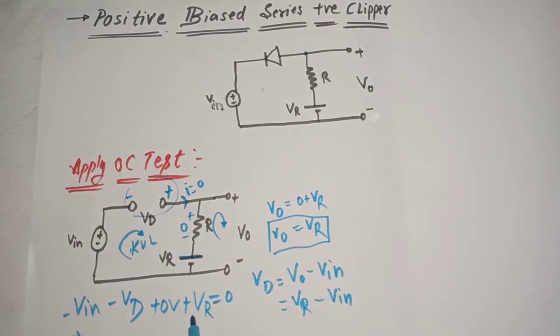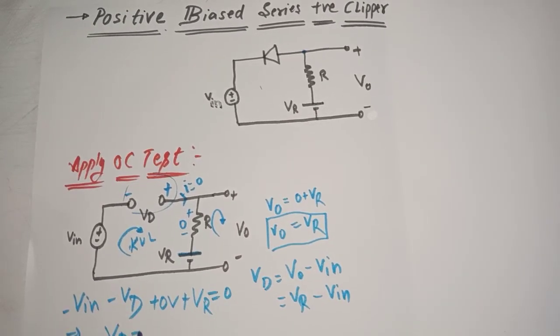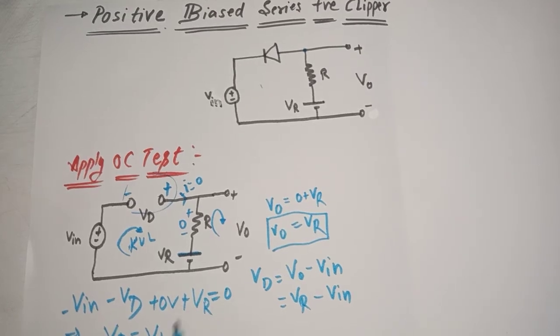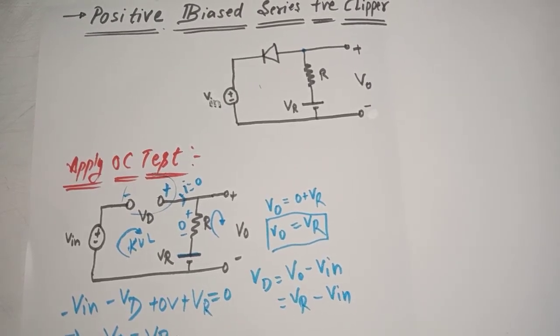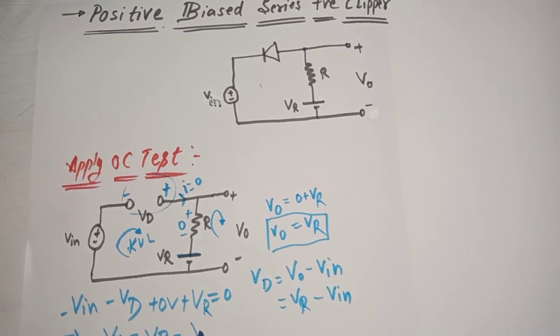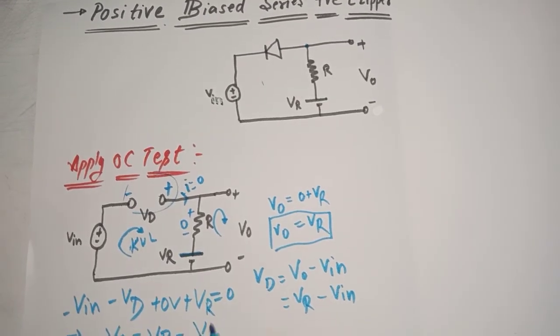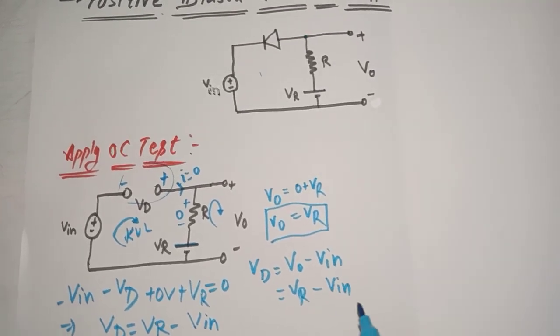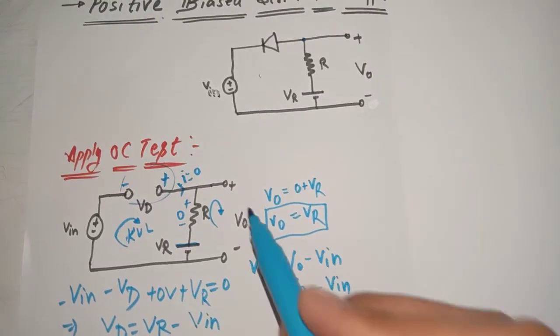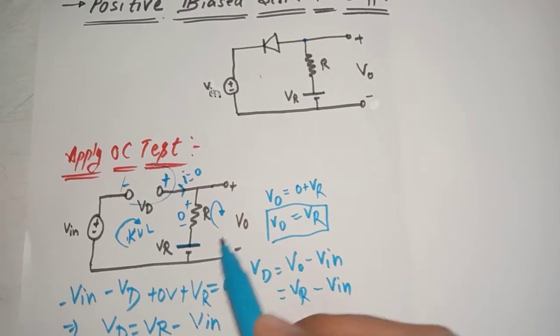Then we can write from here that V diode is equal to V reference voltage minus V input. So this is what we have written here, since V reference is equal to V0 from this loop.